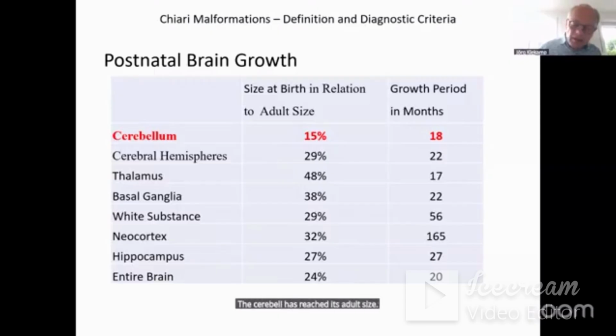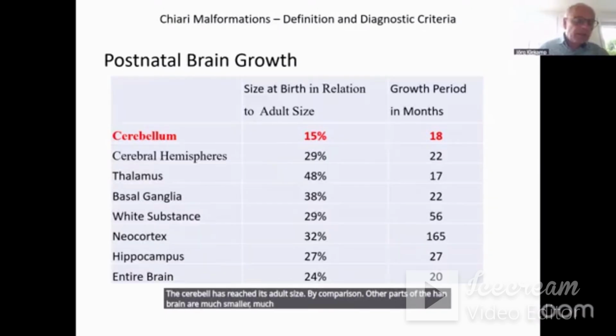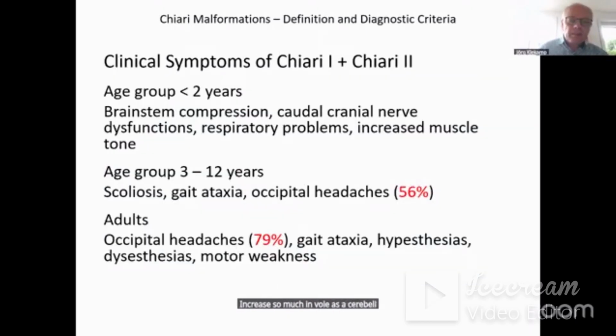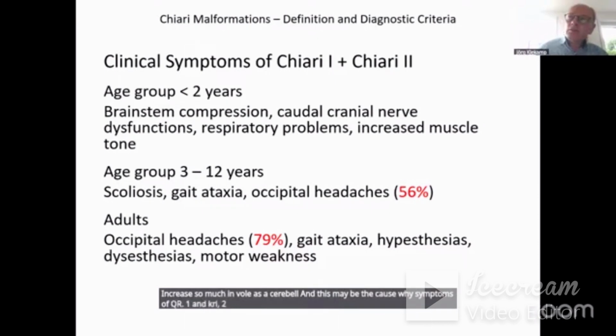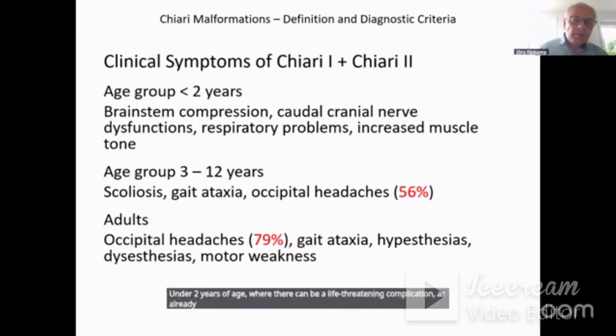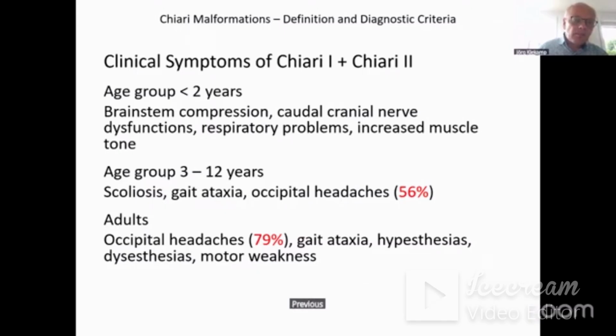By comparison, other parts of the human brain are much larger at the time of birth and will not increase so much in volume as the cerebellum. And this may be the cause why symptoms of Chiari 1 and Chiari 2 are so dramatic in the age group under 2 years of age, where it can be a life-threatening complication, as already mentioned by my previous speaker.